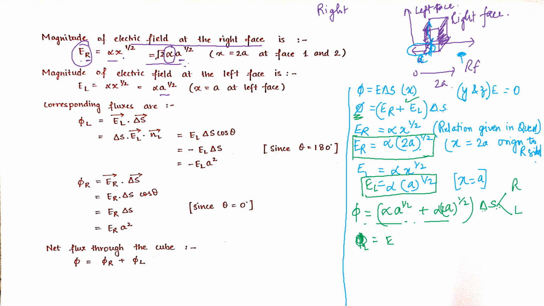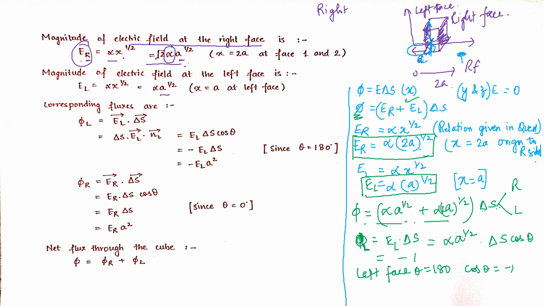Flux at the left side equals electric field at left side into the surface area. Electric field is given by alpha a to the power half, into the surface area del S, into cos theta. Here on the left side theta is 180 degrees, and cos theta will come -1.